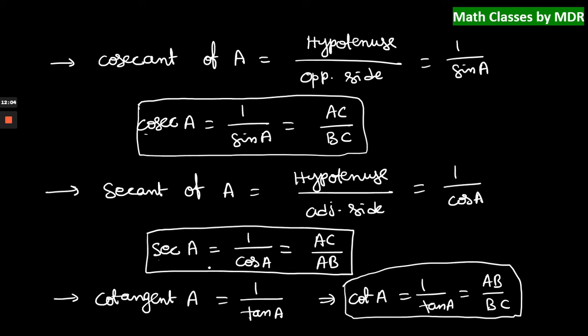And tan and cot you can remember easily, they look similar, so you can understand these two are reciprocals of each other. So shall we solve one problem to understand these trigonometric ratios better?